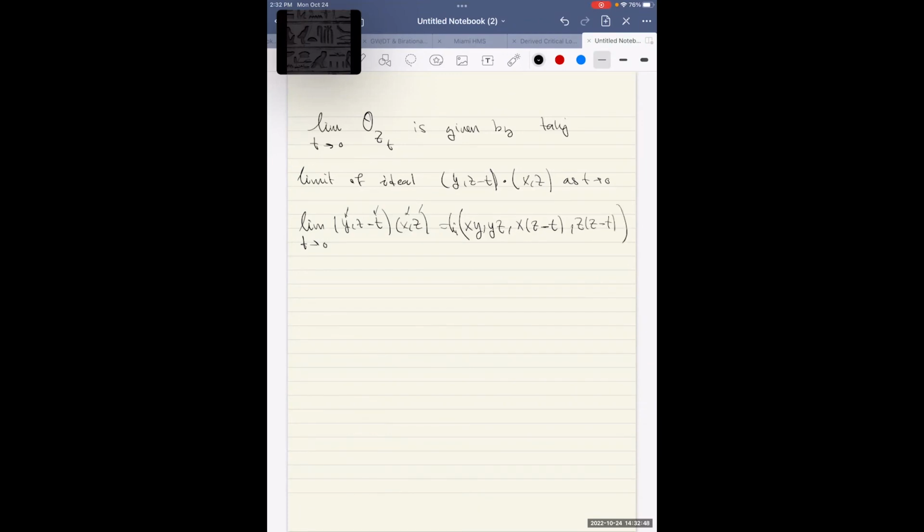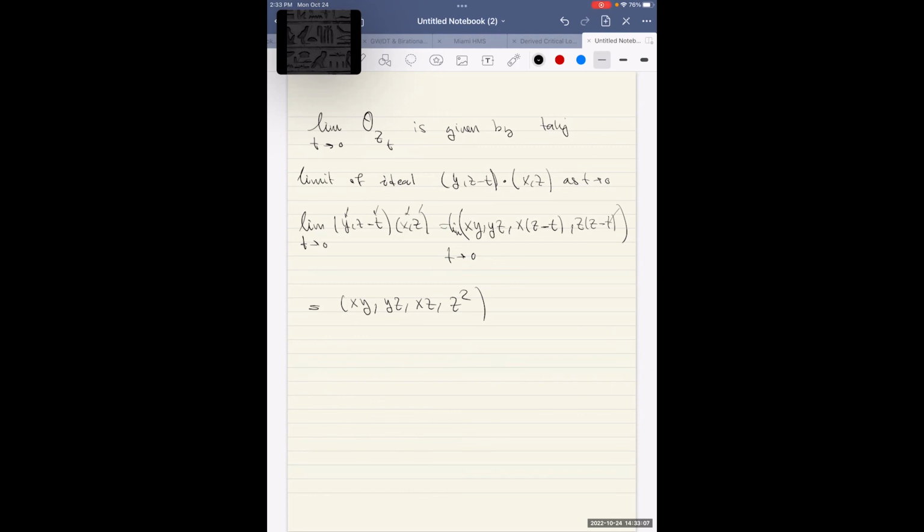I'm taking the limit of this as t goes to 0. If I let t go to 0, this would be the ideal generated by xy, yz, x times z, and z squared, because the t terms go to 0.